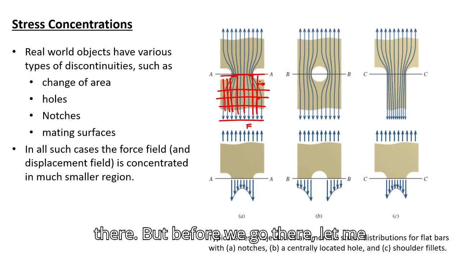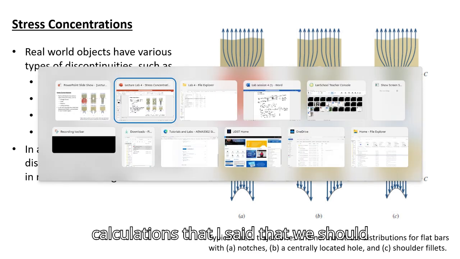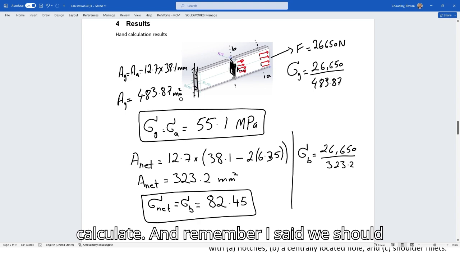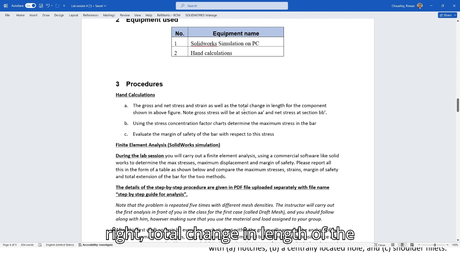But before we go there, let me also calculate another value through hand calculations that I said that we should calculate. And remember, I said we should calculate the total displacement, right? Total change in length of the part, okay? And also the strains.